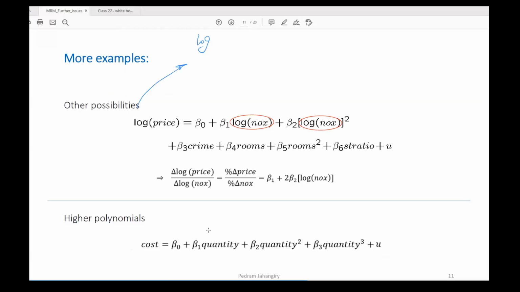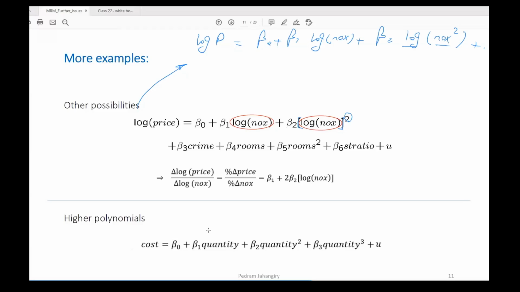If I say, okay, log price is equal to beta 0 plus beta 1 log nox plus beta 2 log nox squared plus etc. What's wrong with this one? Be careful. This is the whole log nox to the power of 2. This is log of nox to the power of 2. Do not make this mistake.